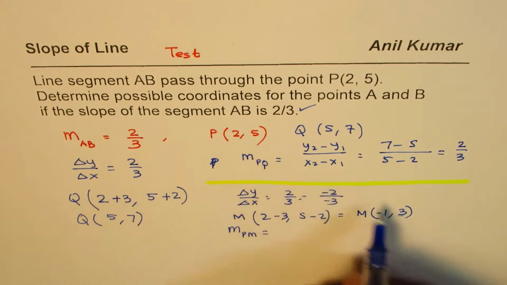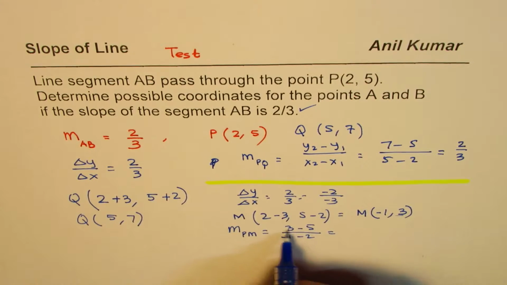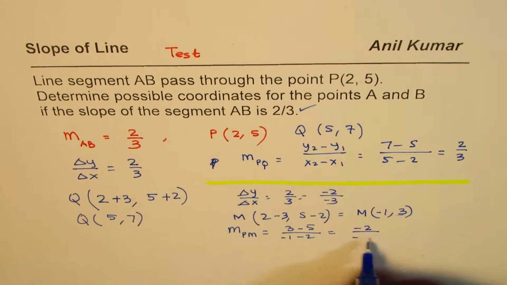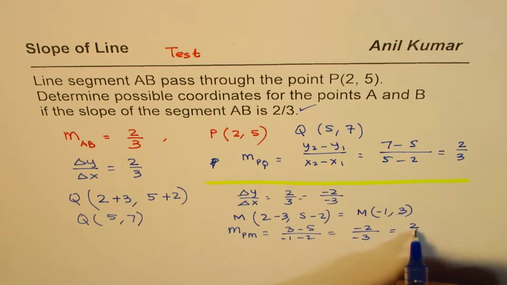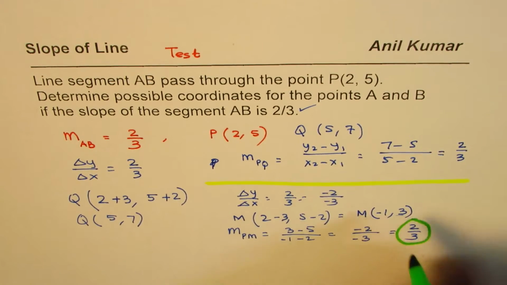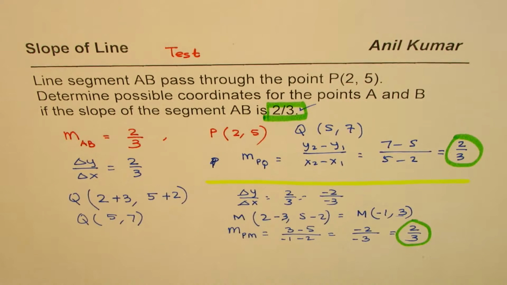So y2 minus y1, 3 minus 5, the difference in y values, divided by minus 1 minus 2. 3 minus 5 is minus 2, minus 1 minus 2 is minus 3, and that also gives me 2 over 3. Do you see that? So what we get here is exactly the same slope, 2 over 3. In this way, we can find many different points on a line.